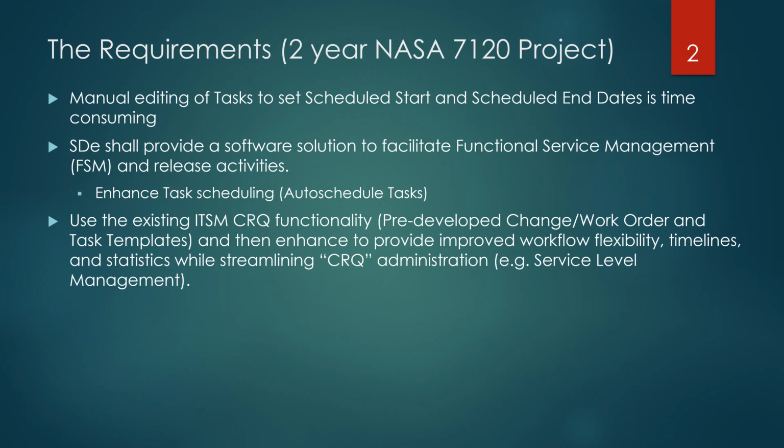So part of the requirements that are important to the auto scheduling here was that manual editing of tasks to set the schedule start and end dates is painful out of the box. You have to get on the change request, go to the task tab, highlight the appropriate task, open it up, then manually set the schedule start, manually set the scheduled end date, save the record, and then go back to the CRQ and go to the next task.